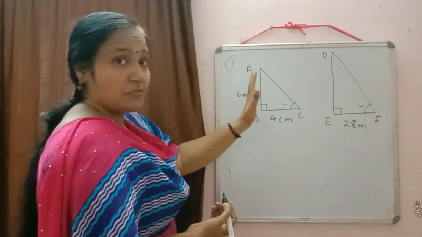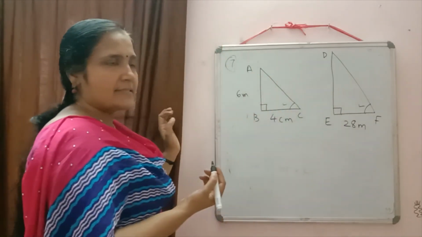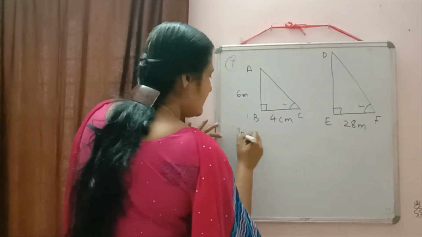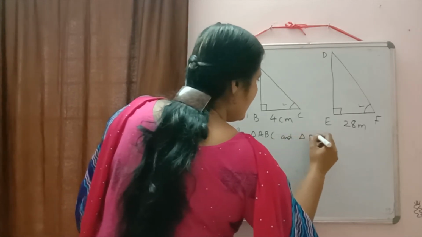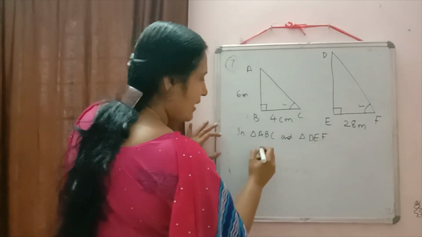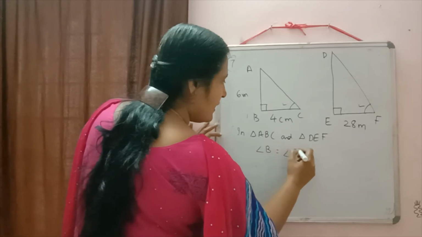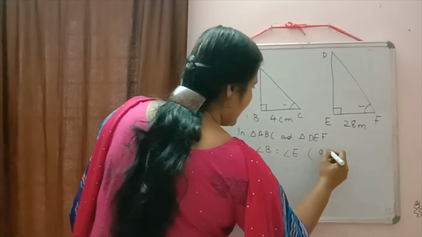So again, first what we will prove? These two triangles are similar. So just write down, in triangle ABC and triangle DEF, we have angle B is equal to angle E. Reason: 90 degree.